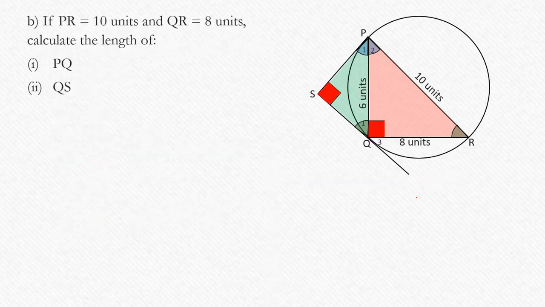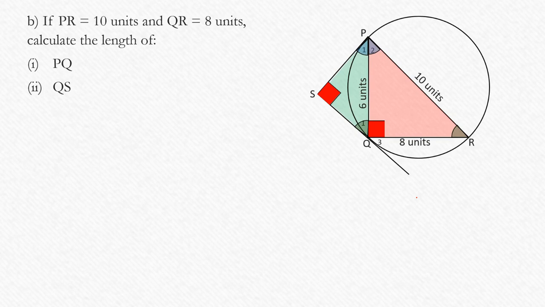We need to calculate the length of PQ. If you check triangle PQR, it's a right angle triangle, and therefore we can use the Pythagoras theorem. We have to identify the hypotenuse. How do you identify the hypotenuse?